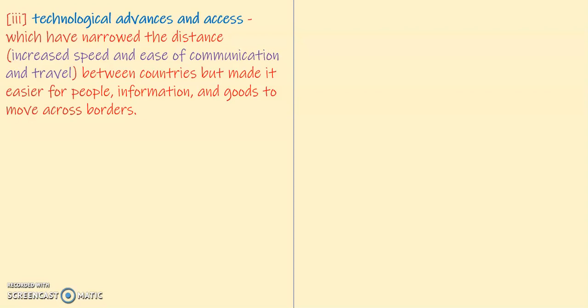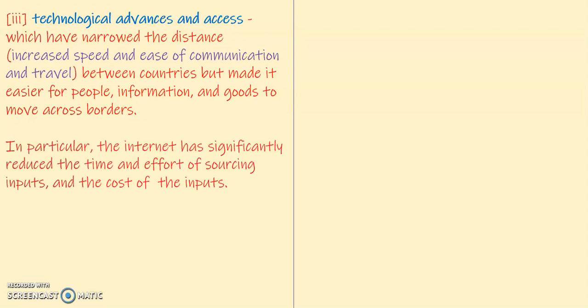Countries almost became borderless in terms of certain factors, right? That obviously encouraged business. In particular, the internet has significantly reduced the time and effort of sourcing inputs and the cost of inputs. For example, I'm using the internet now and communicating with people all over the Caribbean, squeezing the Caribbean into my backyard, all right?